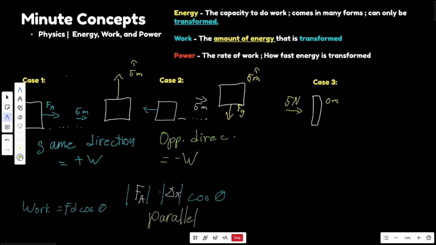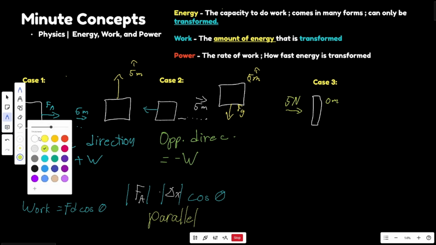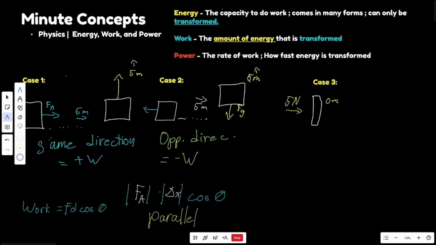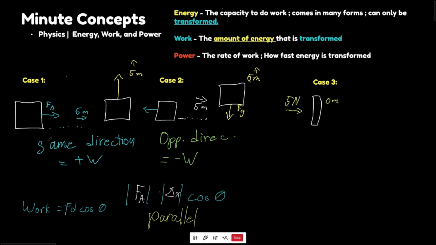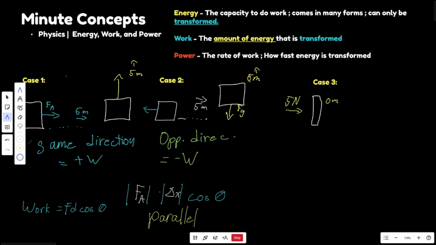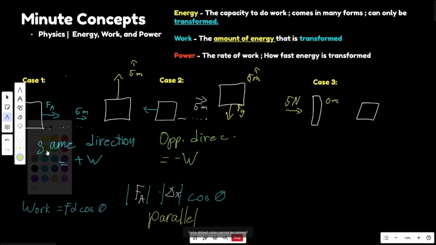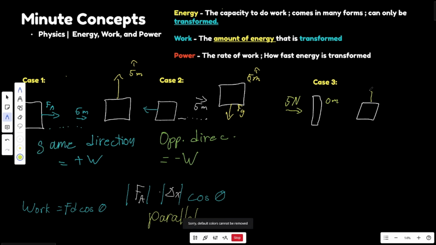And now there's also another situation where work cannot happen if the angle between the force and the displacement are perfectly perpendicular. So for example, let's say that someone is carrying a bag, represented by this square. Someone carrying a bag would need to lift it upward so that it doesn't fall. However, when they're walking, it's only going a horizontal distance.